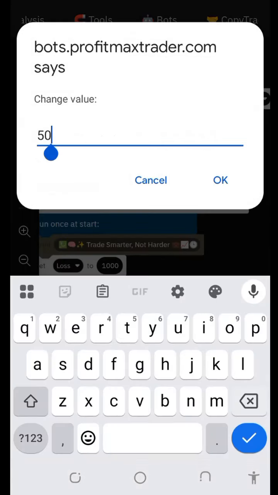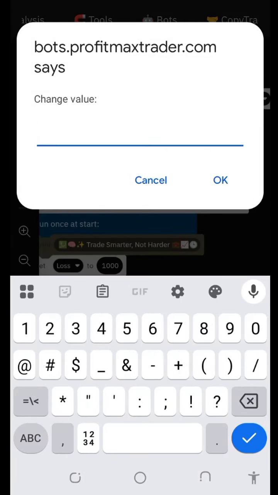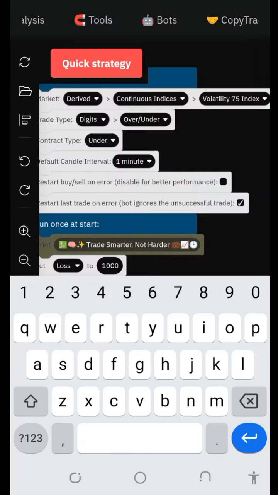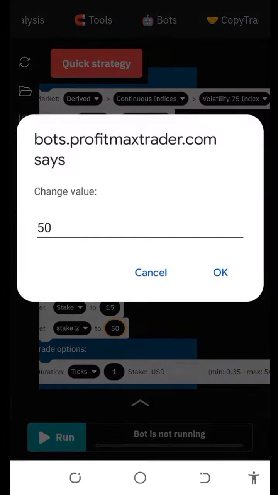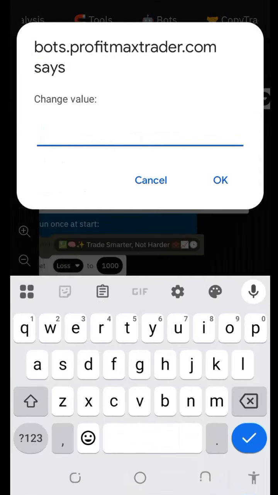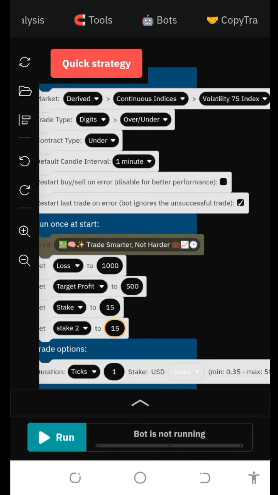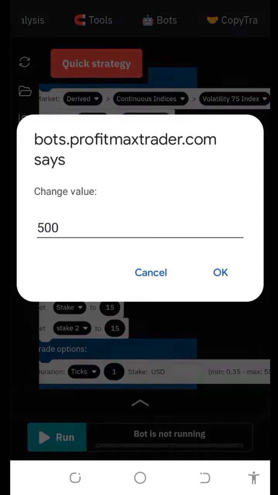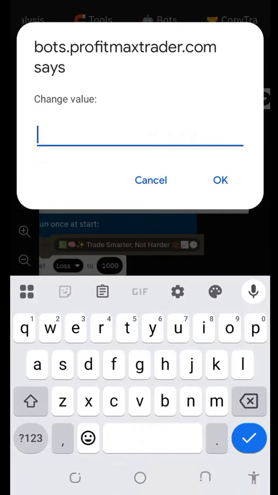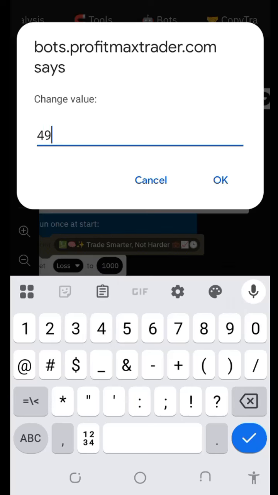Now we input our stake, so we'll be staking $15. You input 15, depending again on your capital. And then we have a second stake there, the same stake, $15, and then we now go for the take profit.